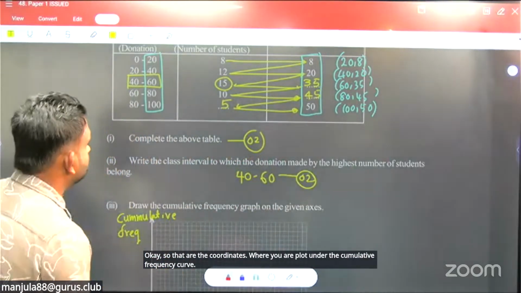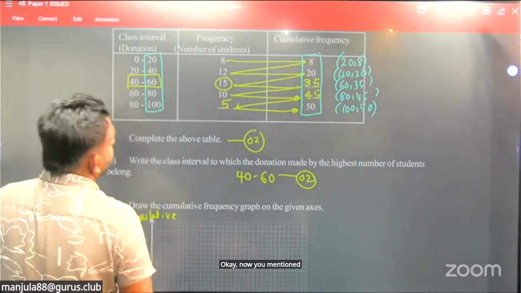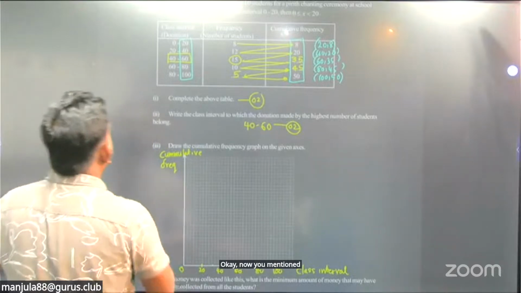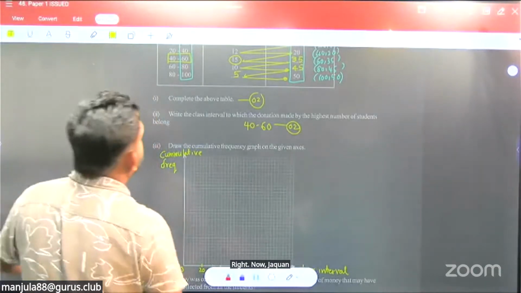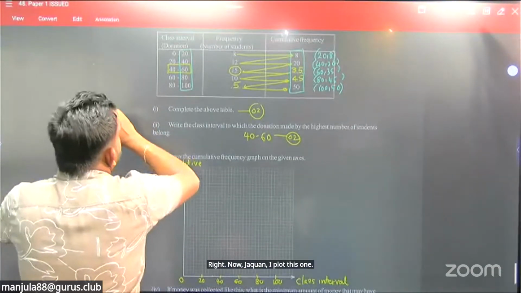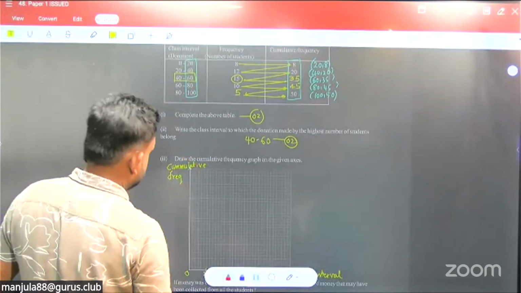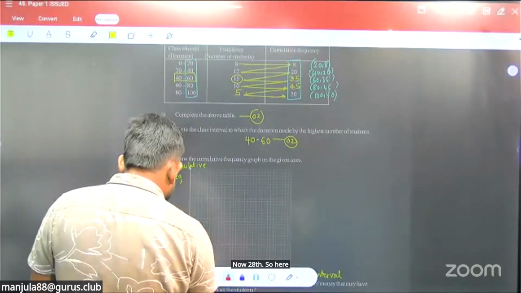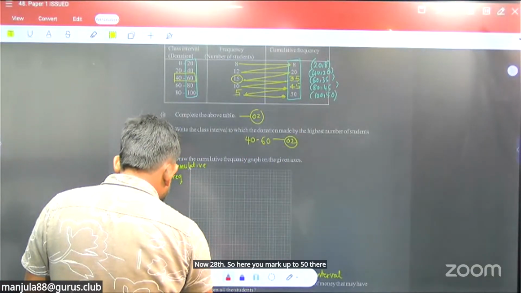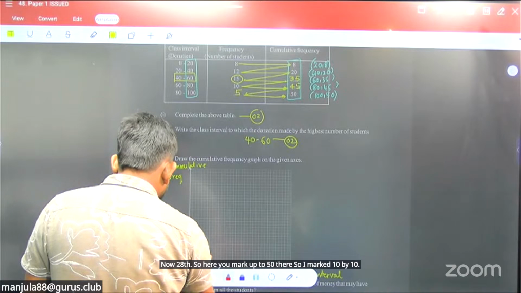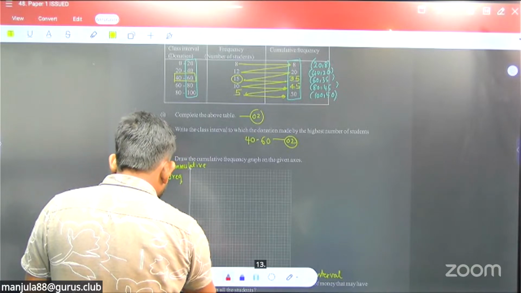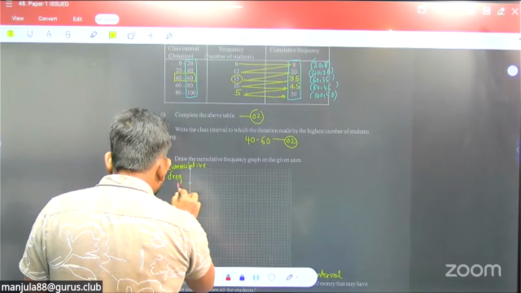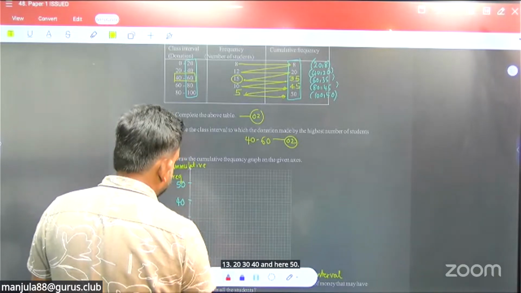Right, now check, I plot this one. Here you mark up to 50, so I mark 10 by 10: 10, 20, 30, 40, and here 50.